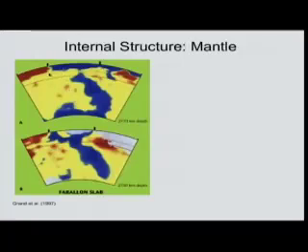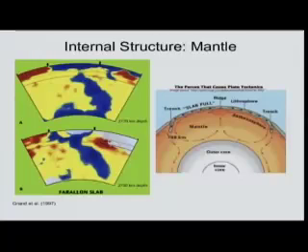Now, what we see is this fast material, which we tend to relate to cold material, because when something is colder, waves travel faster. The cold material is sinking down here. Similarly here. In two different places, we seem to have slabs or cold material going down into the Earth, and this is consistent with our idea of plate tectonics.